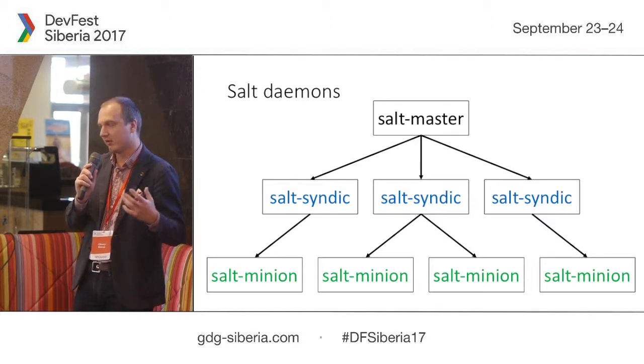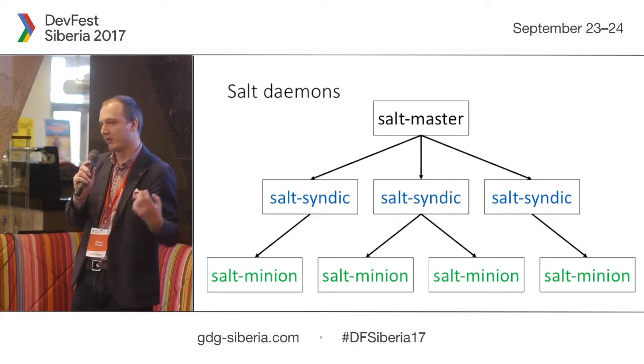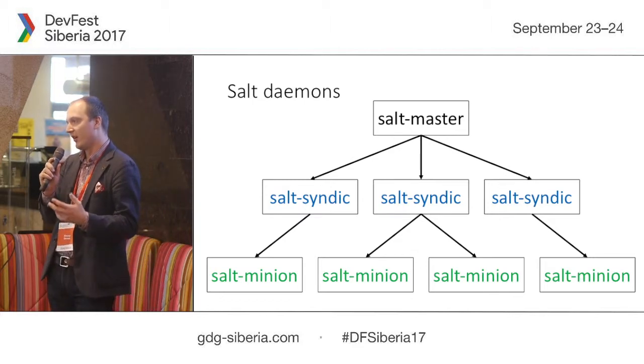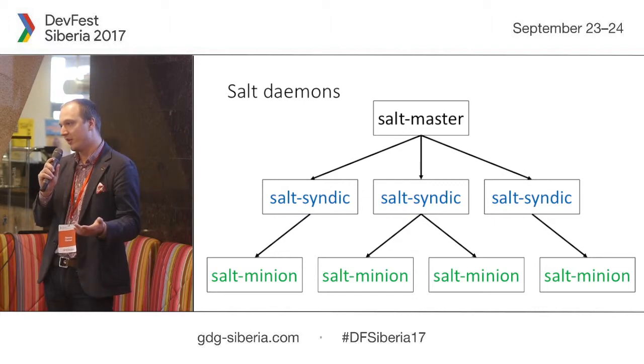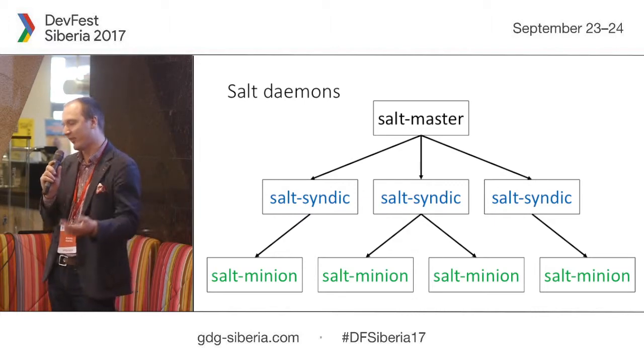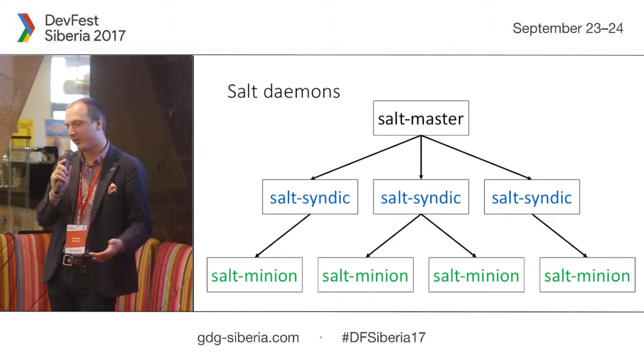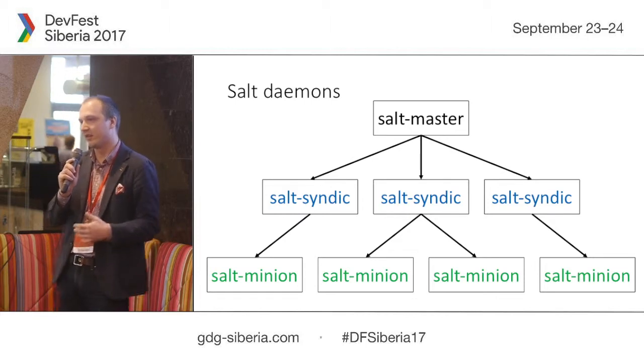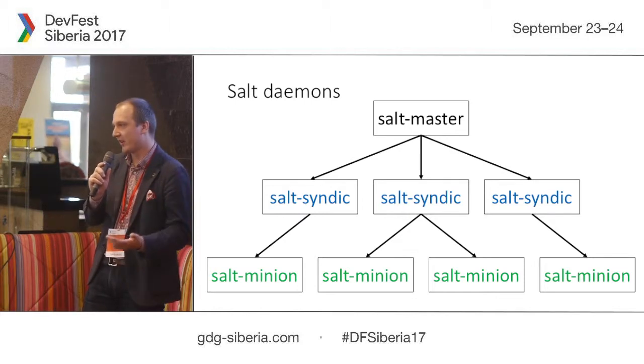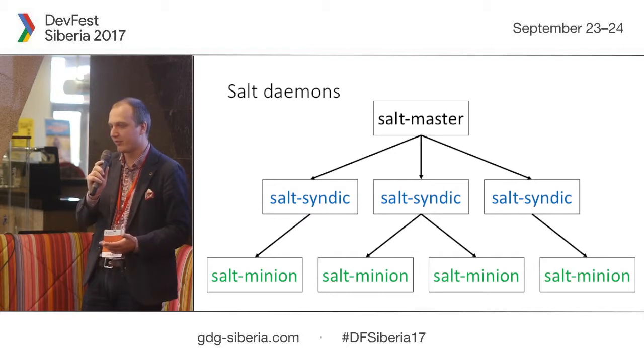Salt Master takes some commands to execute, serializes them into jobs, and then sends them to minions. Minions get these jobs, deserialize them, execute stuff, and return results. That's the simplest case of how SaltStack execution flow works.